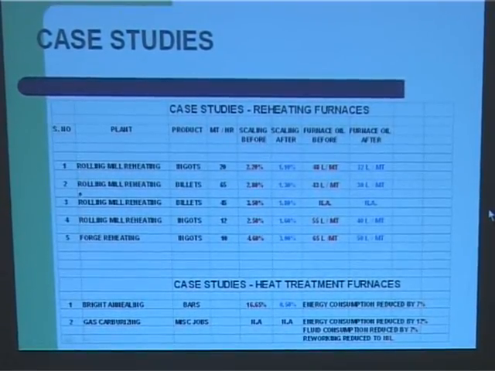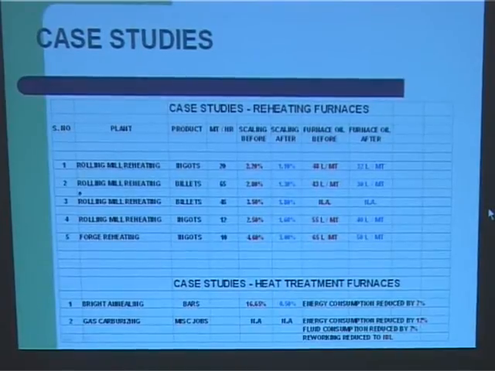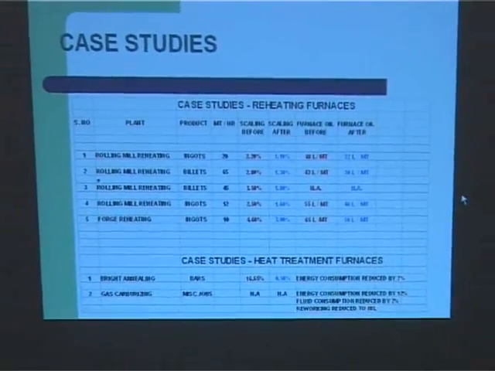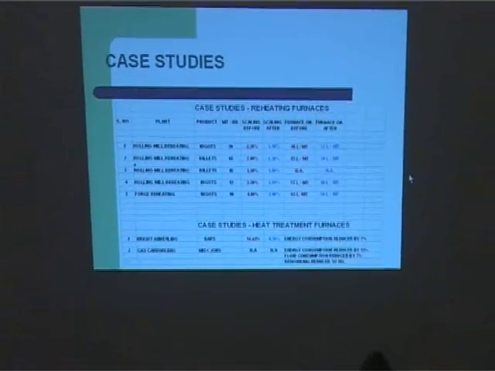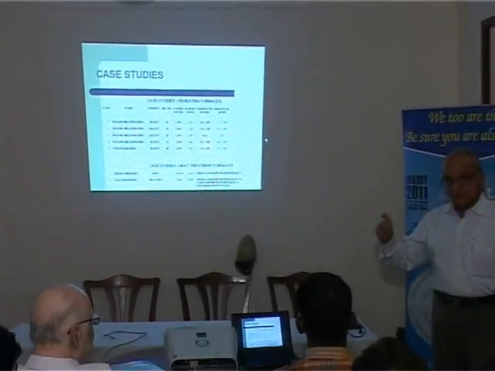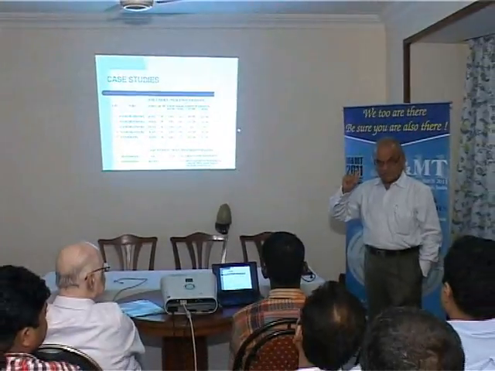And in case of a heat treatment furnace, a bright annealing furnace, believe it or not, I am not making up a story. One of my customers' job was to supply bright annealed bars 5 meters long, 50 mm diameter.